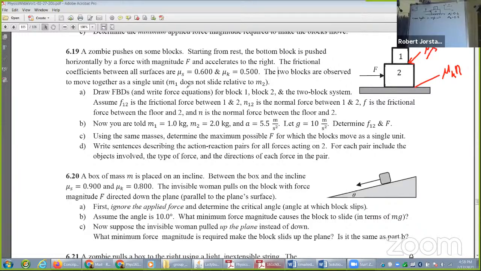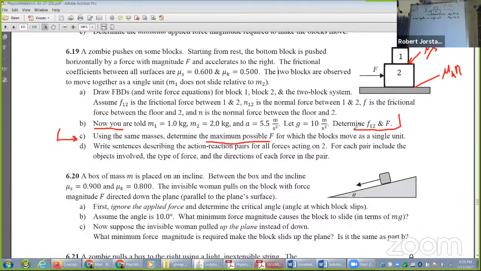So it doesn't. I tried to trick you, Jesse, and I succeeded. The idea is, look at this. In question part C, your analysis would be valid, because that says determine the maximum possible F. However, for part B, nothing in the problem tells us that.